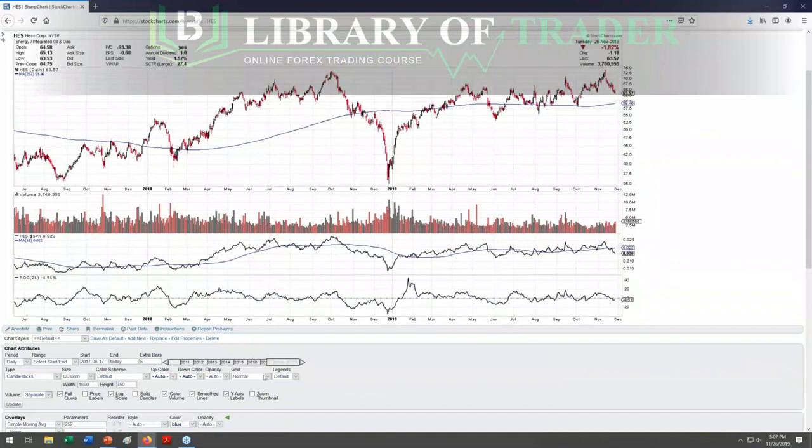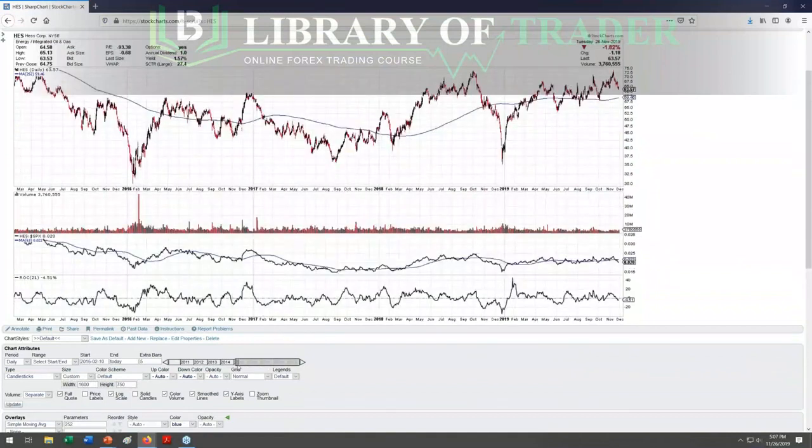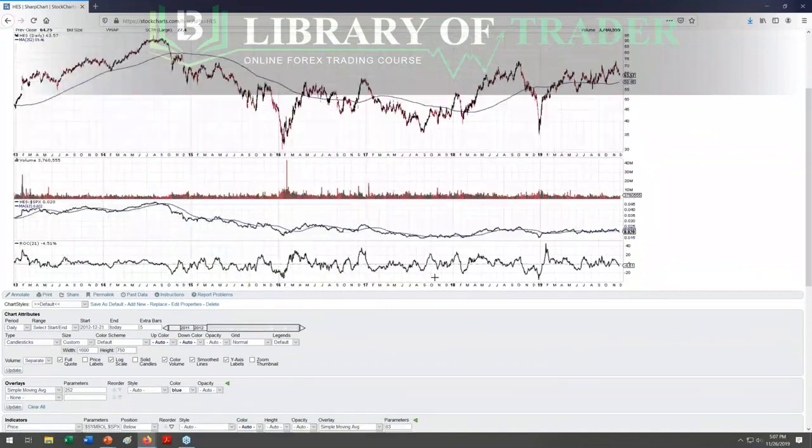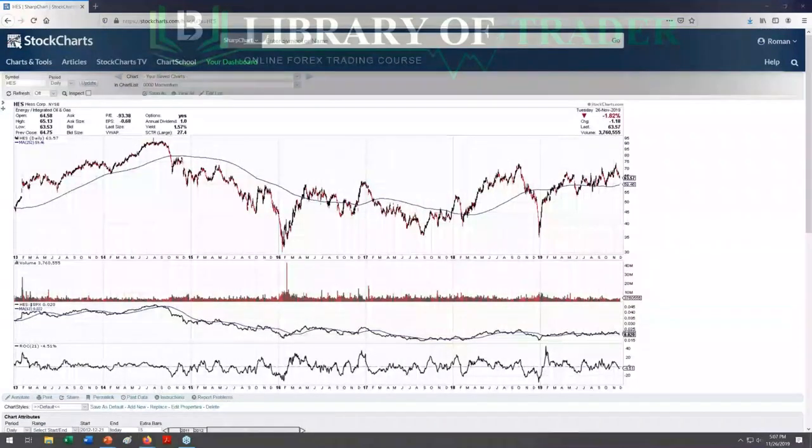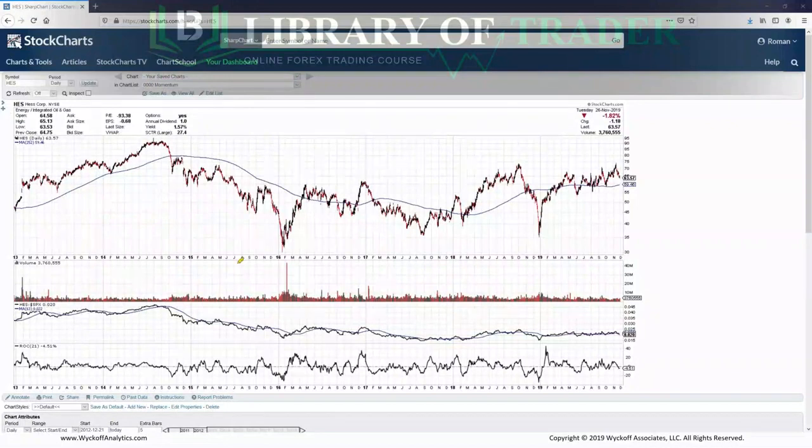And by the way, look at how it kind of repeats this pattern again. So if we're thinking that this is an accumulation, this whole range, right? Look at the climactic action, and then what do we see in phase B?